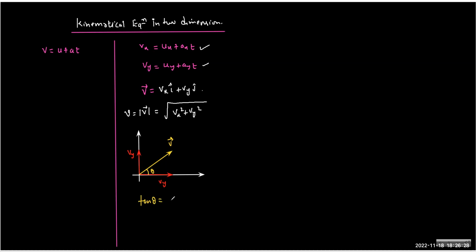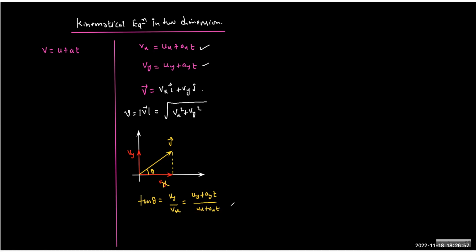And how do we write tan theta, guys? Tell me. Tan theta will be equal to how much? Vy by Vx. Correct? And you can again add Vy equals Uy plus Ay t upon Ux plus Ax t.